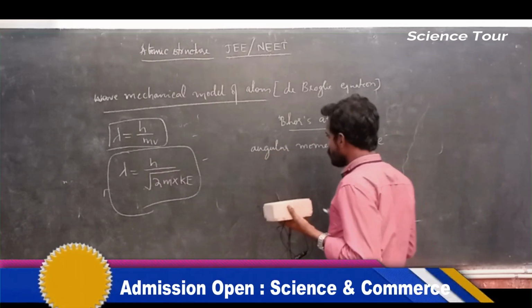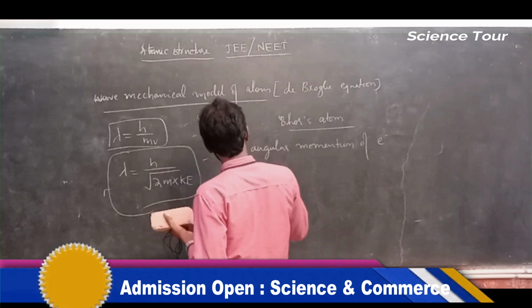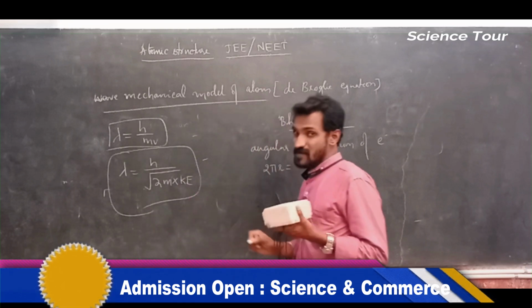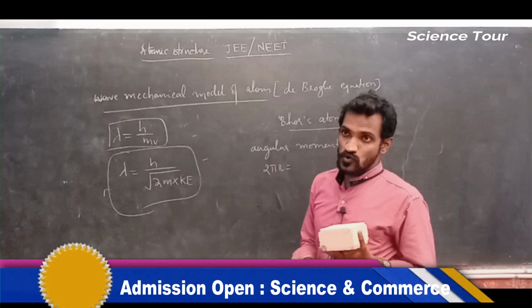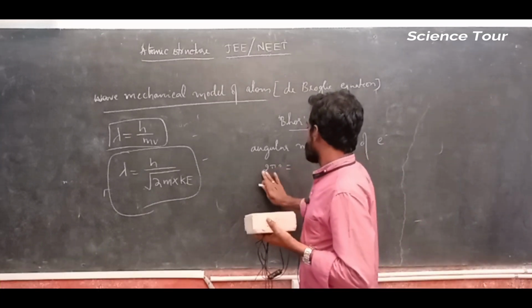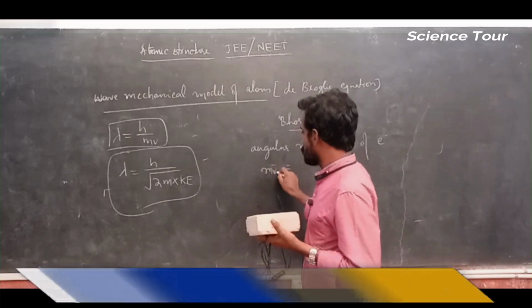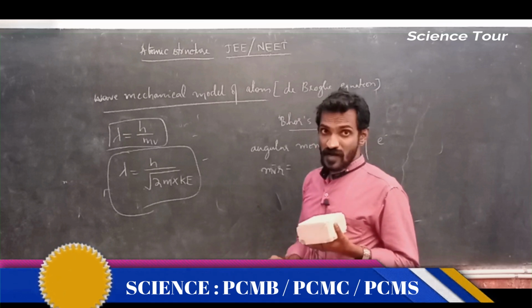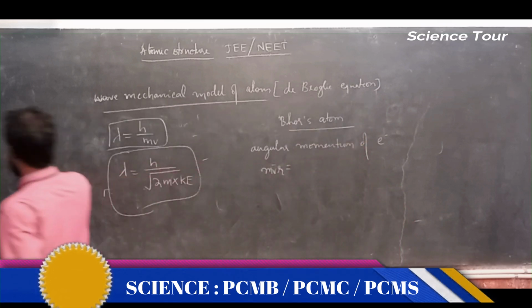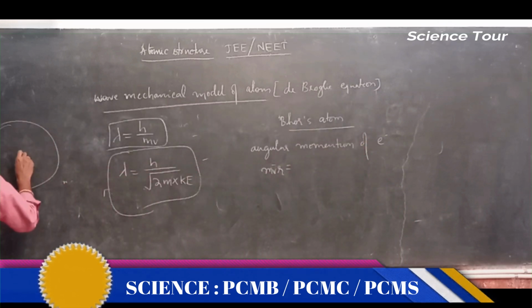The angular momentum of the electron is mvr, mass into velocity into radius. How to find angular momentum?